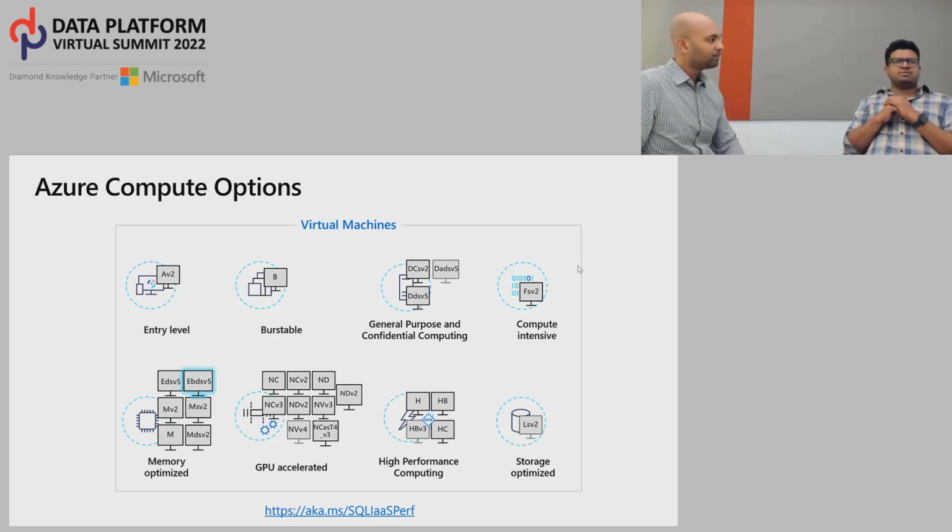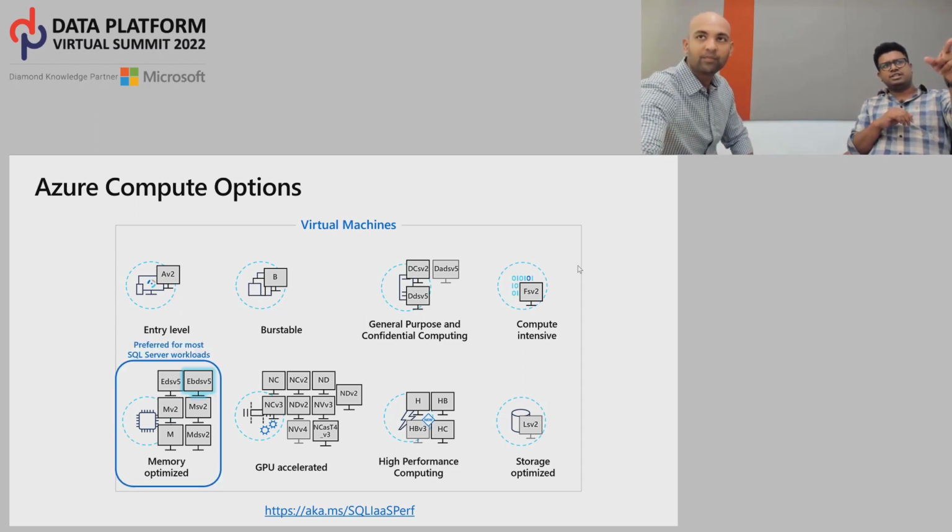There are so many compute options. We talk to customers in and out, and there are so many questions like, hey, we see a lot of VMs, and which VMs are exactly suitable for SQL Server for the best price performance?